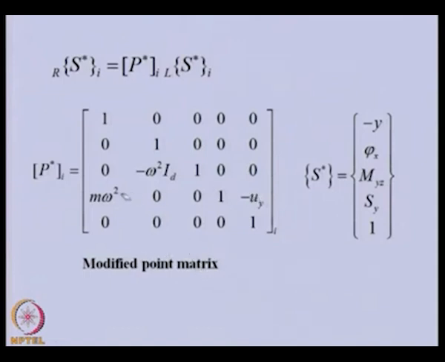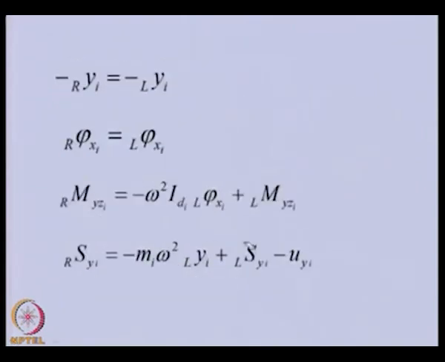If we substitute this point matrix and state vectors here and expand the fourth equation, we get the same equation as the previous one, but now the unbalance is inside the matrix.